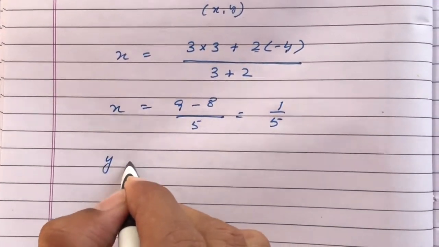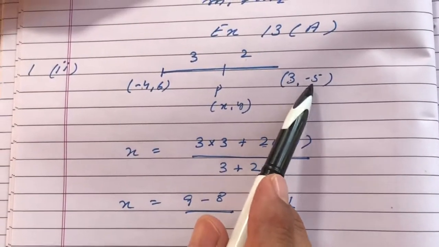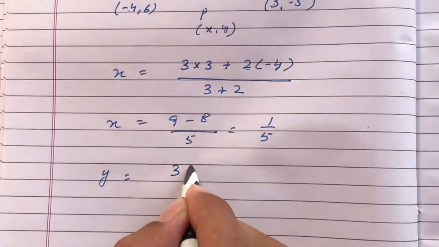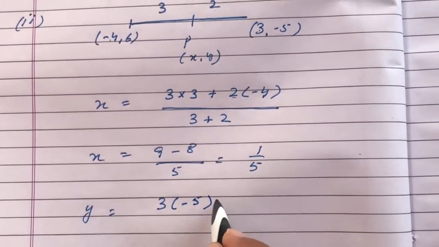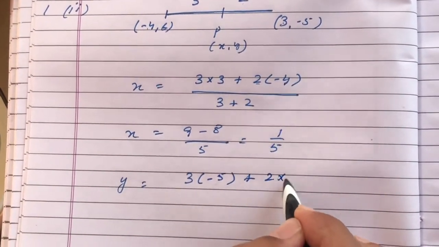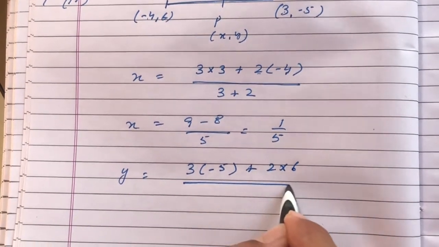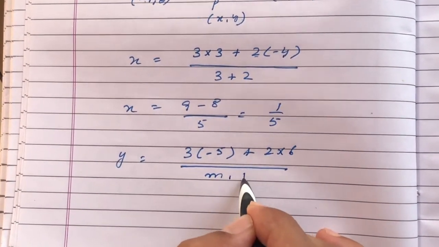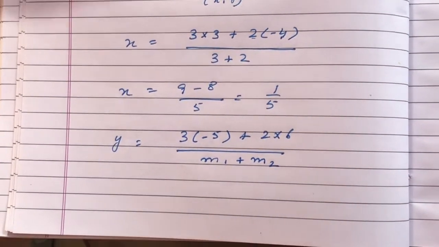Y is m1 y2, 3 into minus 5, plus m2 y1, 2 into 6, upon m1 plus m2.